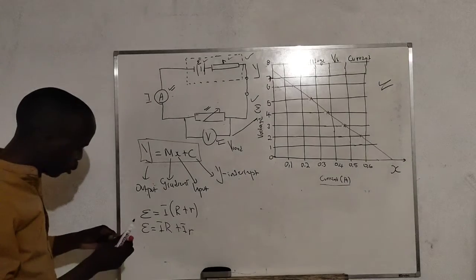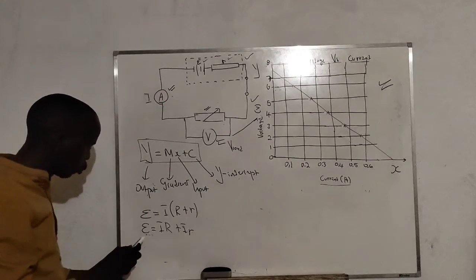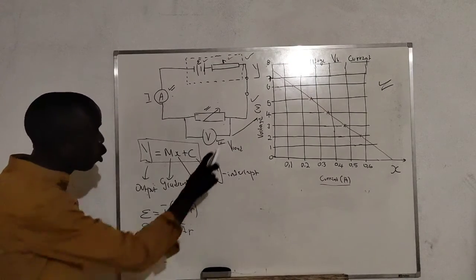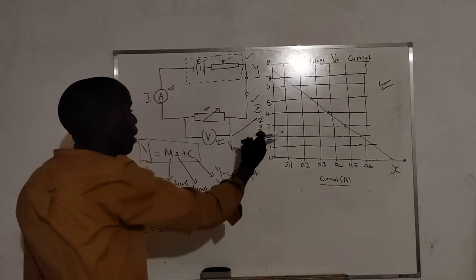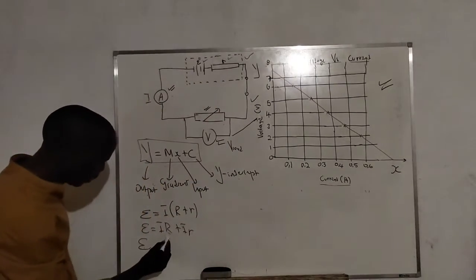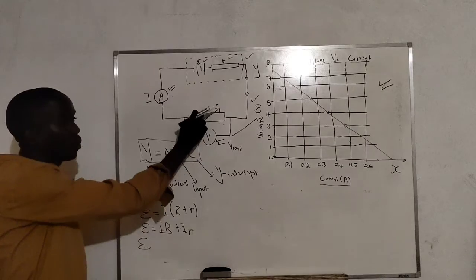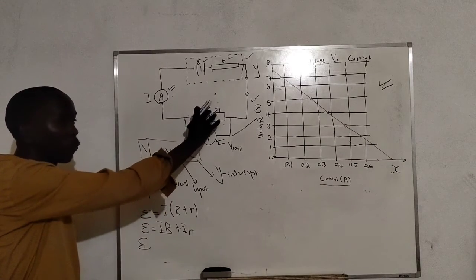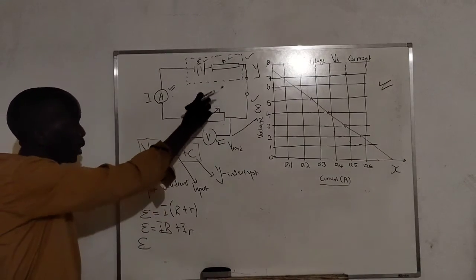On the y-axis I have the voltage. I don't have IR. This voltage is the Vload, used to overcome the external resistance.